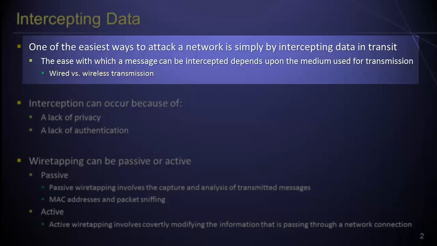Wired networks rely upon a physical communications medium such as copper wire or optical fiber, and capturing or manipulating data on such networks therefore requires physical access, or at least close physical proximity, to the physical communications medium.